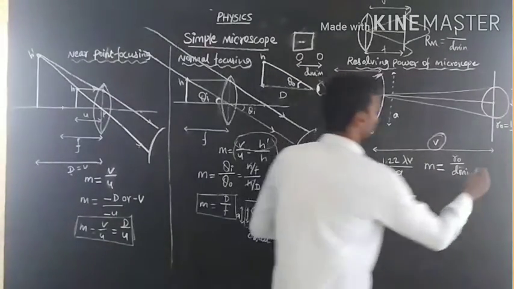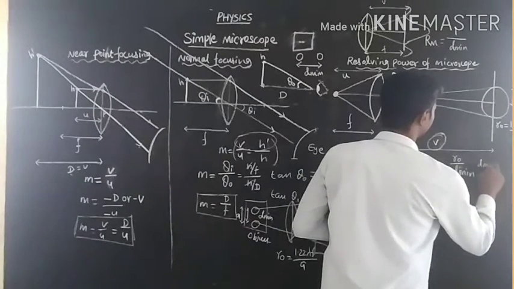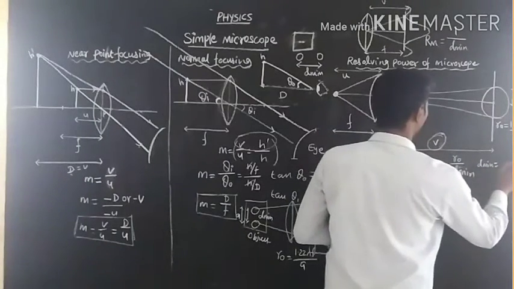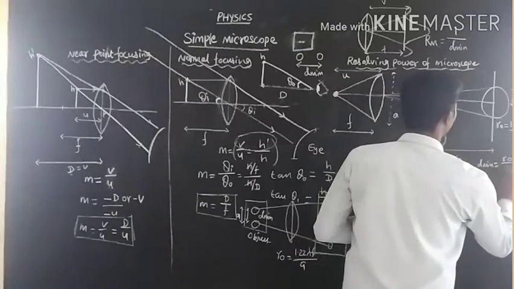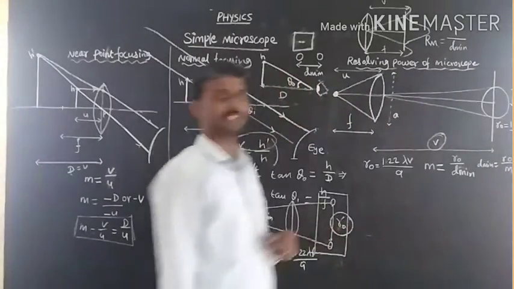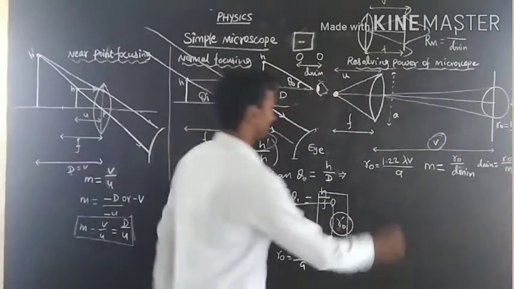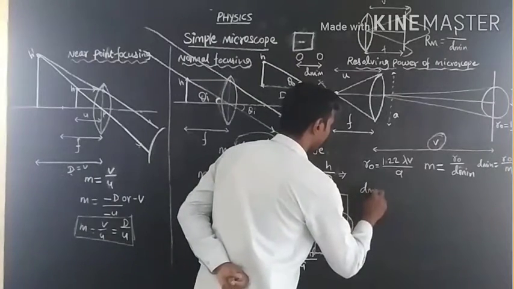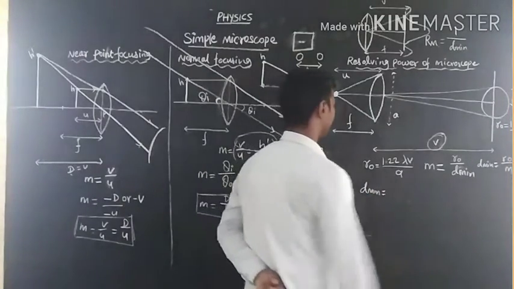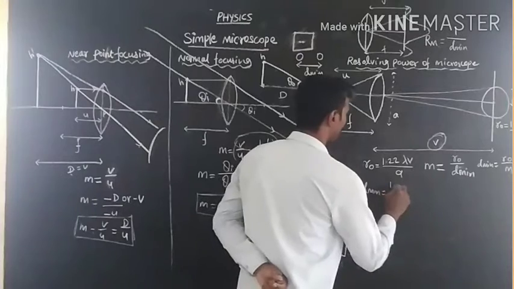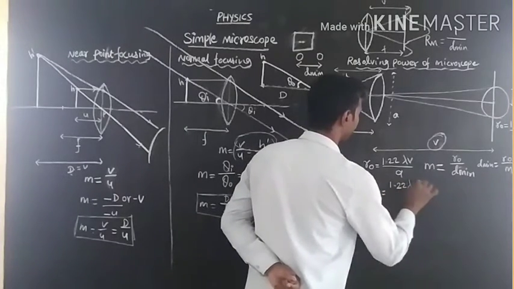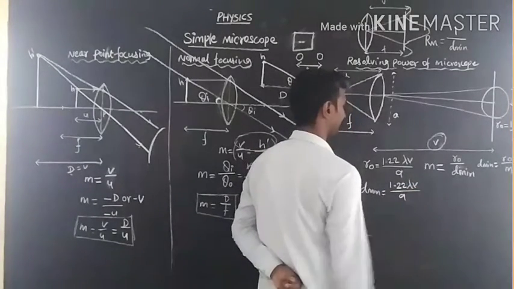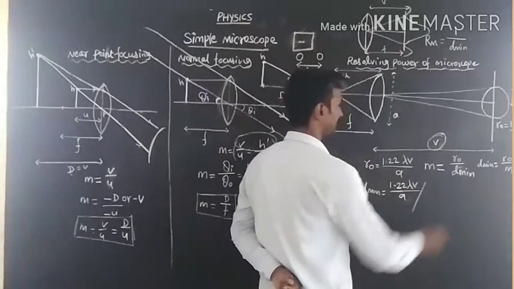From this equation, d minimum is equal to R naught divided by m. The value of R naught is 1.22 lambda v by a, divided by m.